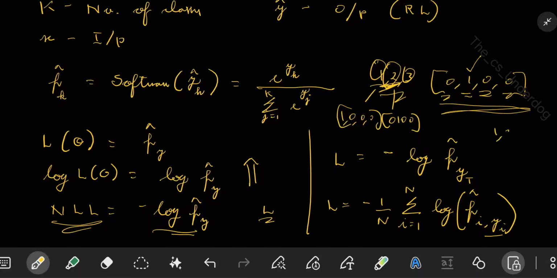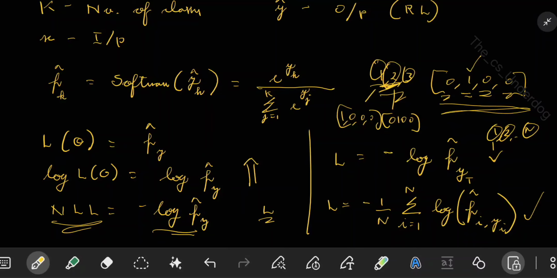You have samples 1, 2, 3, 4 up to n. For each of these samples, there will be a correct class. Corresponding to that correct class, you want to find out the probability, and that is what I am denoting as p i y i cap. So this is the loss function you will have in case you are using sparse categorical cross entropy and you have n samples.